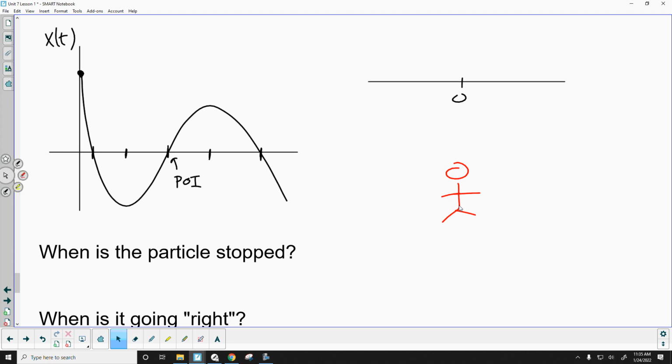Here, I'll even give you some values here. This is 4, this is 3, this is -3.